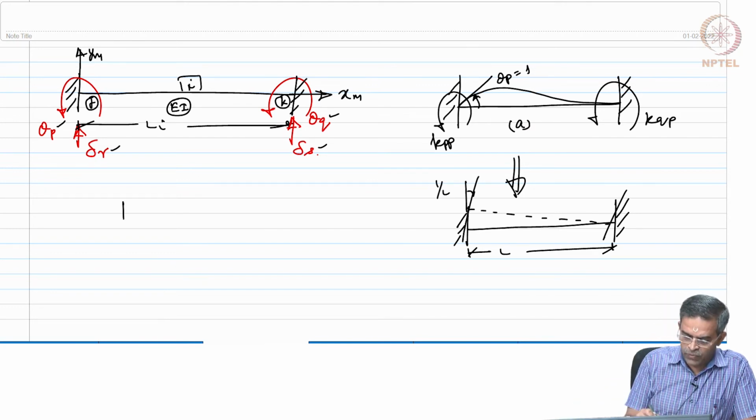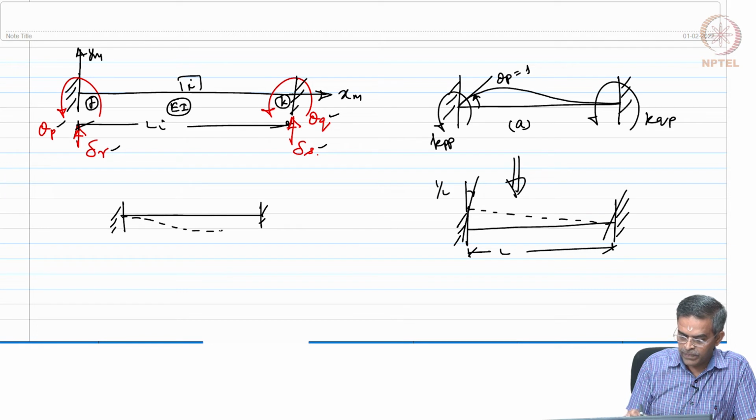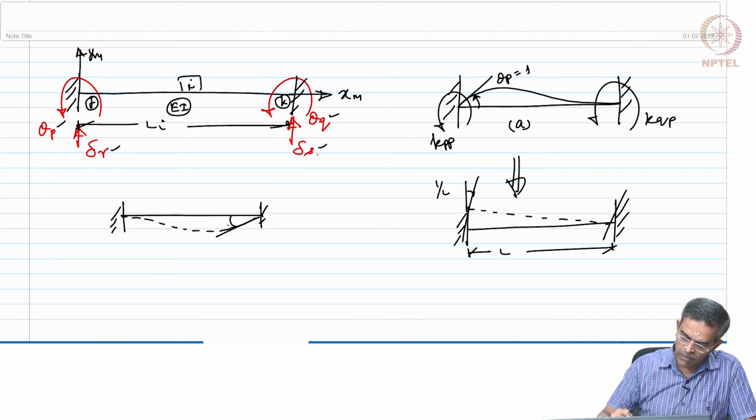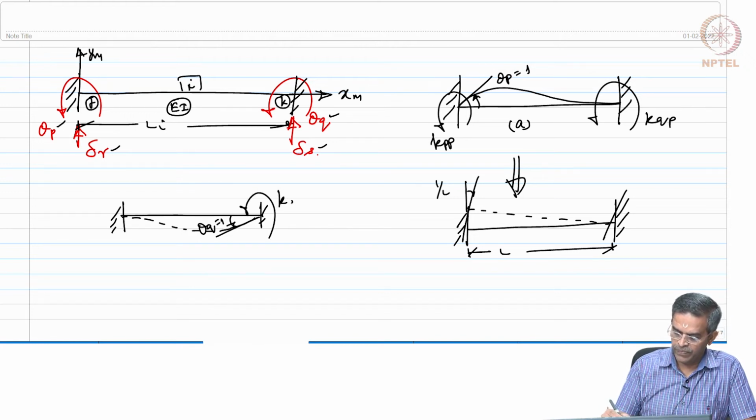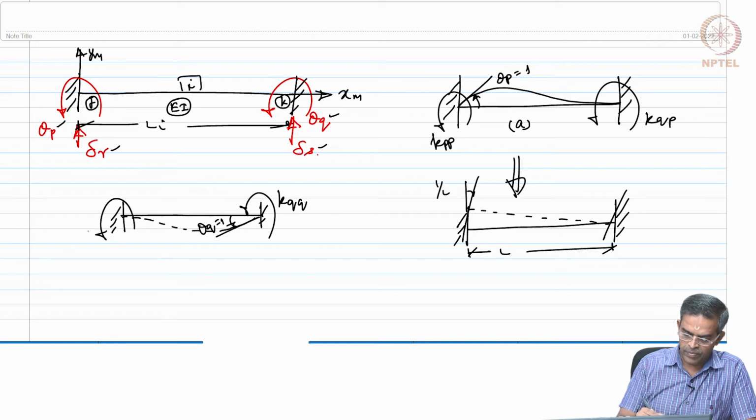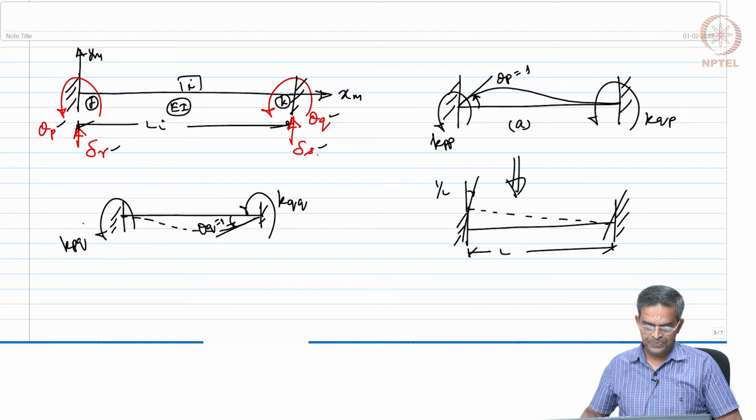Let us have one more figure and the kth end. If I give a rotation here, then this gives me a moment of KQQ and KPQ, is it not?